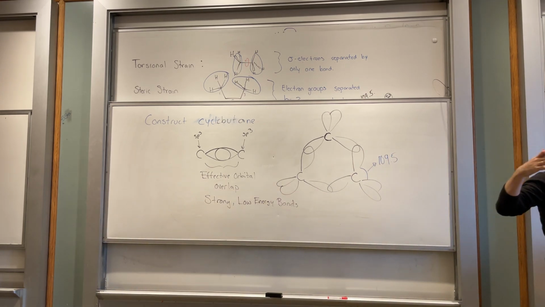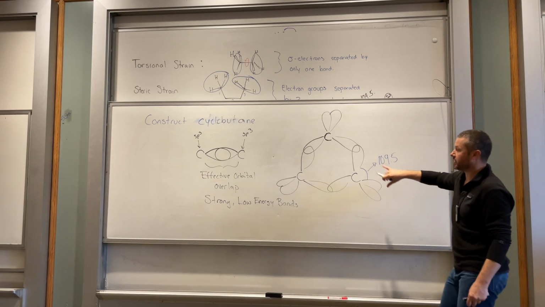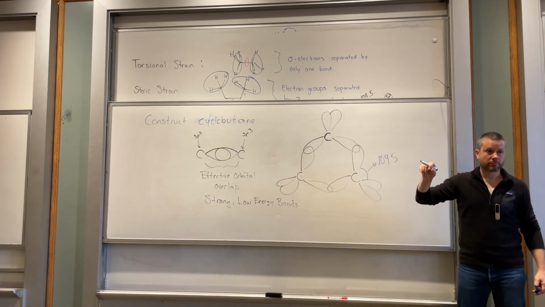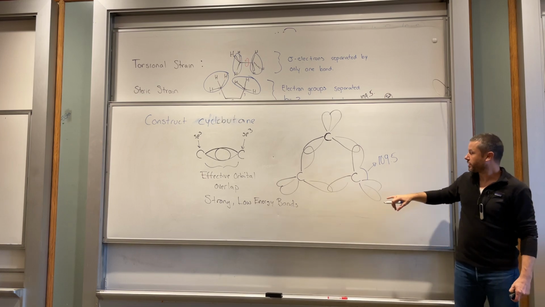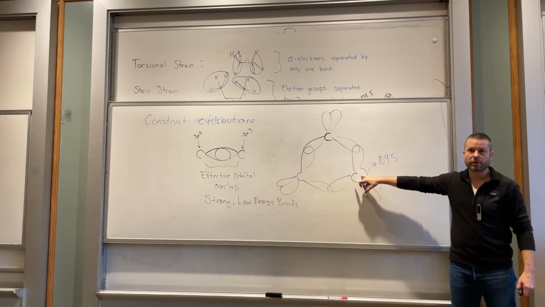Right? The orbital angle doesn't change, even though the bonding angle might be different. Does that make sense to everybody? Yeah. Okay, so the orbitals are oriented at 109.5 degrees.